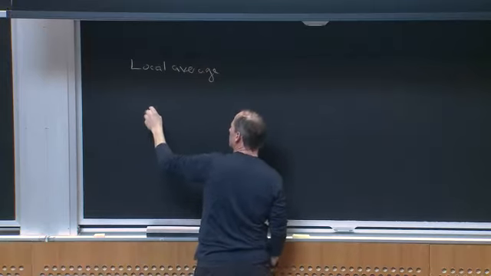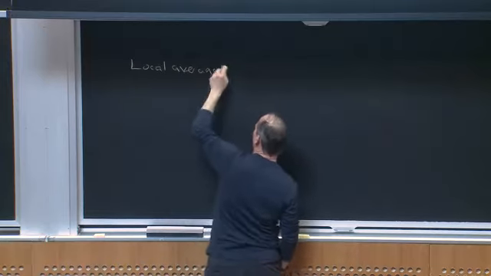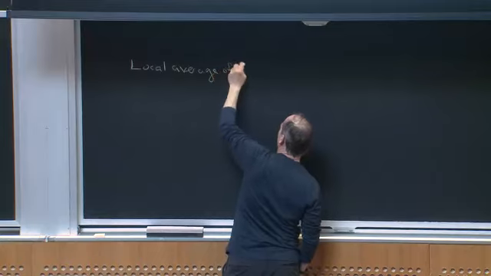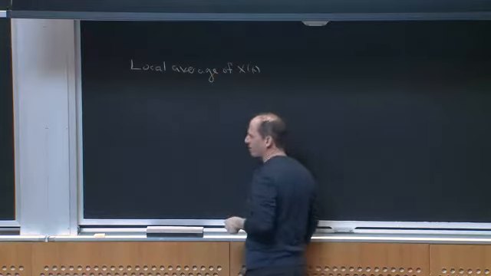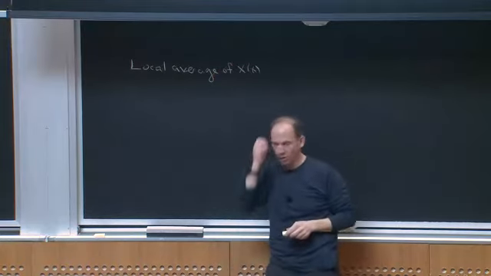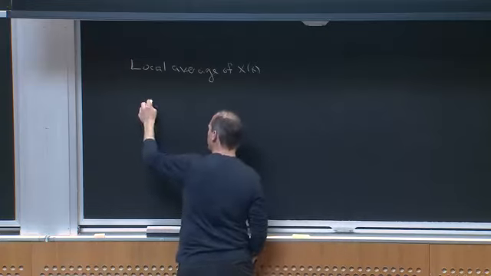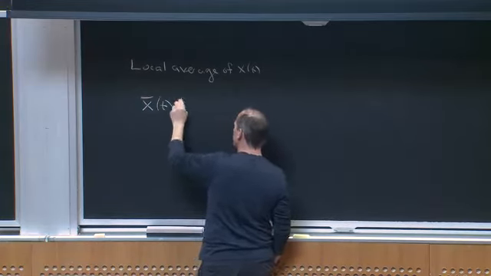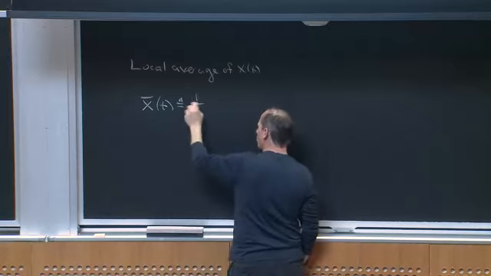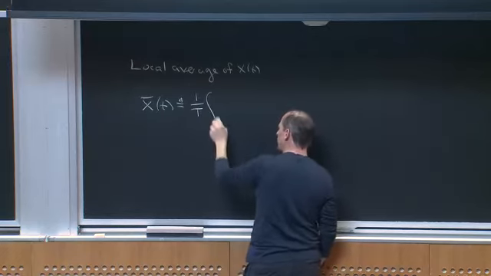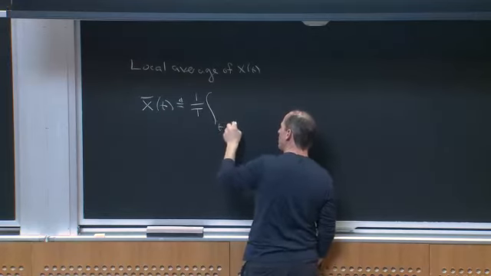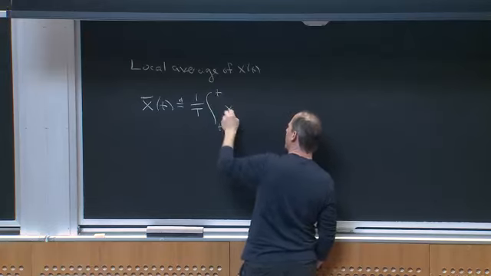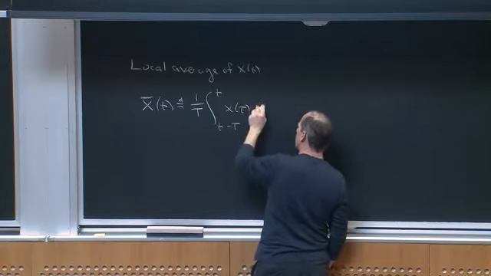is this. If I had some signal, for any signal x of t, some time varying waveform x of t, could be a voltage, could be a current, whatever I wanted, I can define a local average x bar of t as being equal to 1 over T, integral between t minus capital T and t, of x of tau d tau.